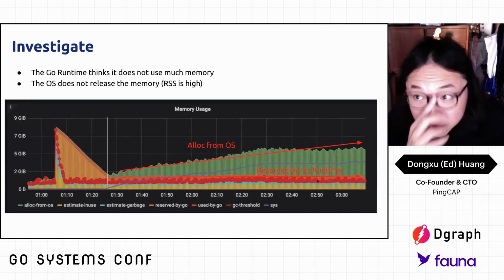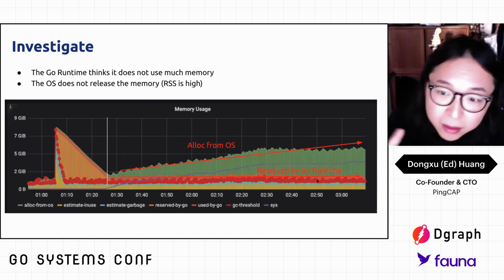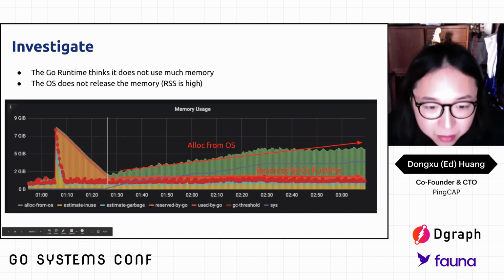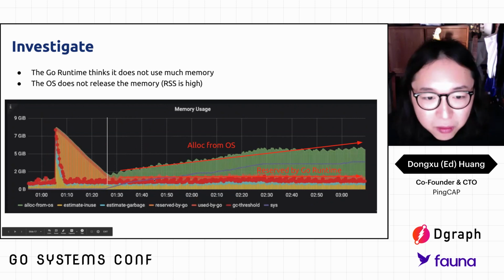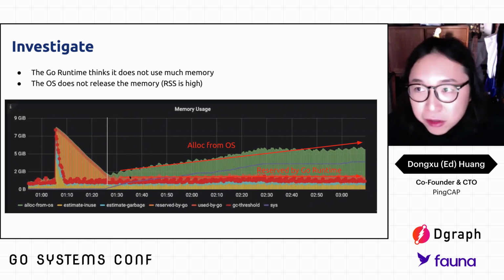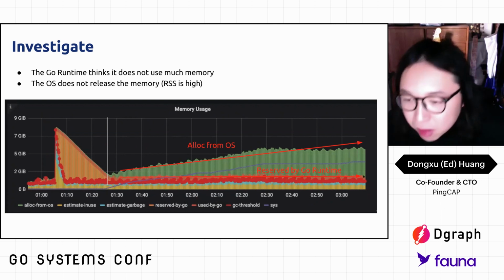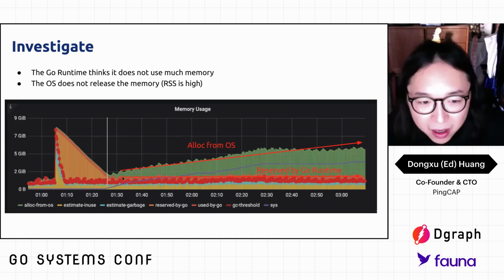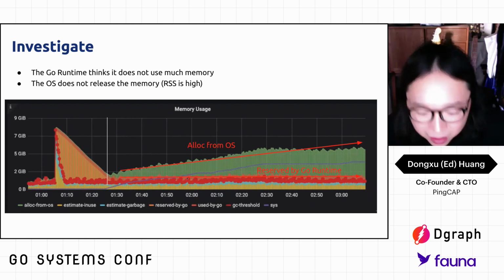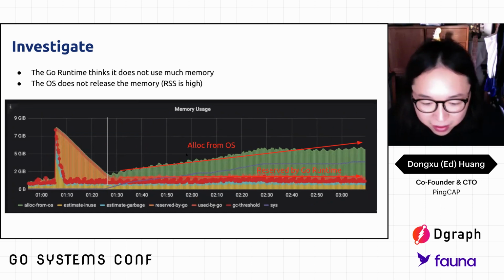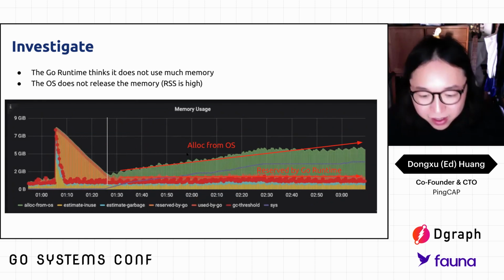In this diagram, we can see that the orange part is the memory managed by Go, reserved by the Go runtime. The Go runtime thinks it is quite normal, and it thinks it is not using that much memory.